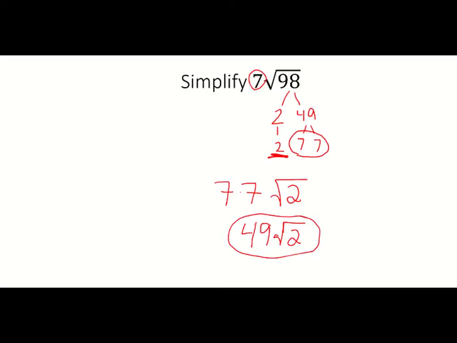So simplifying square roots, we're looking for two of the same number within our big number under the square root. So let's simplify the square root of 216. So 216, I'm going to want to break this down. Again, it's even, so I know I can multiply it by 2.